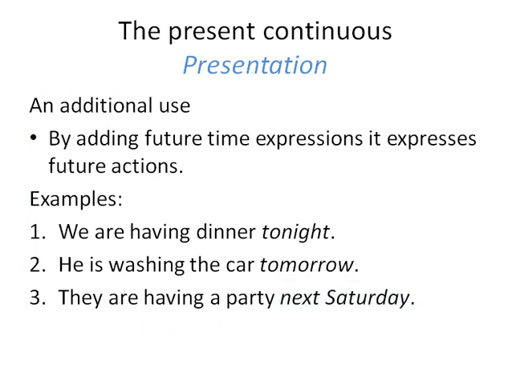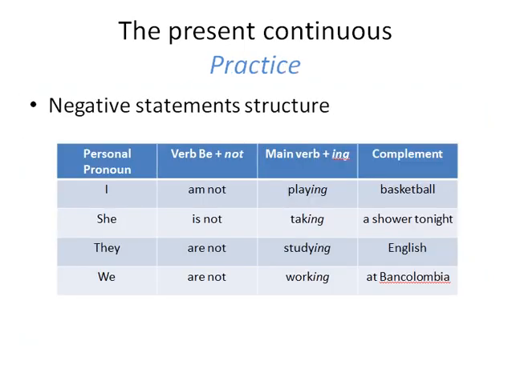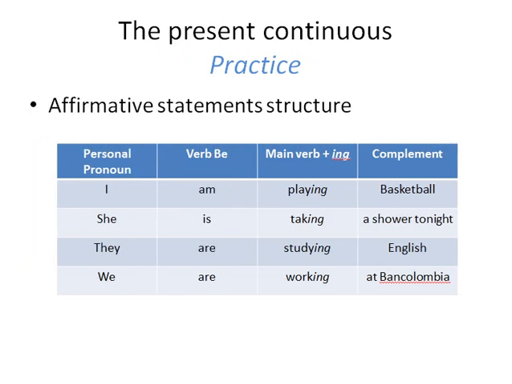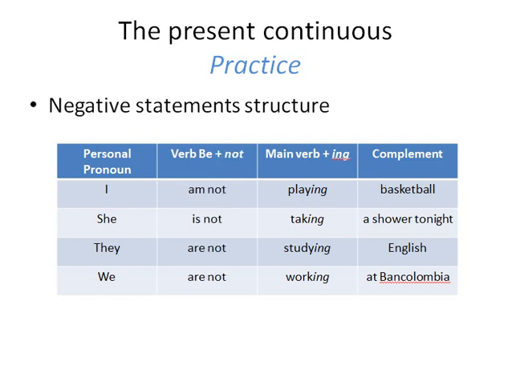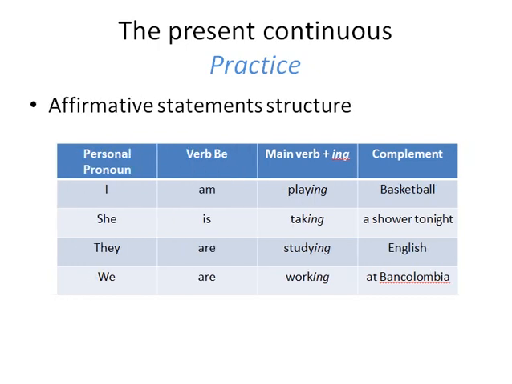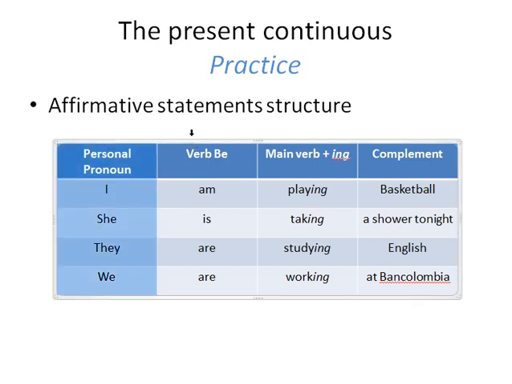Okay, now I'm gonna give you, my dear students, 3 flashcards containing the structure for 3 different classes or 3 different situations of the present continuous. We have the present continuous affirmative statement structure, where we have personal pronouns first, then we have verb be, next we have the main verb plus ing, and finally the complement.